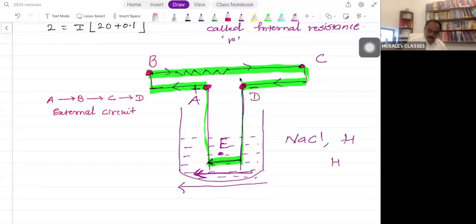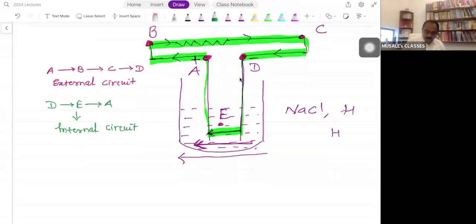And from D to E and from E back to A, that is known as the internal circuit. It is known as the internal circuit.